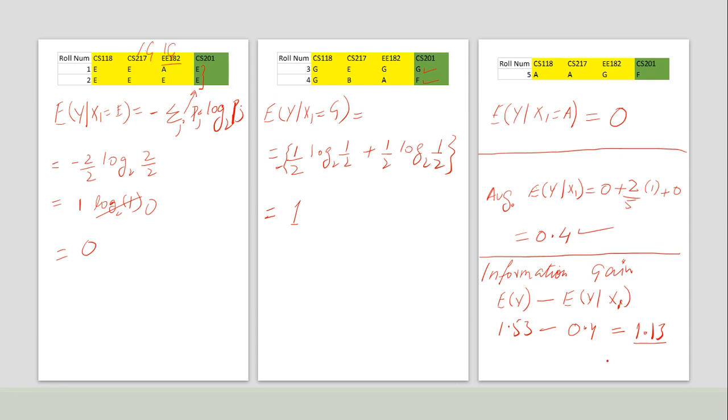I hope this is clear. We'll talk about how we actually develop a decision tree model based on this information gain in the next video.